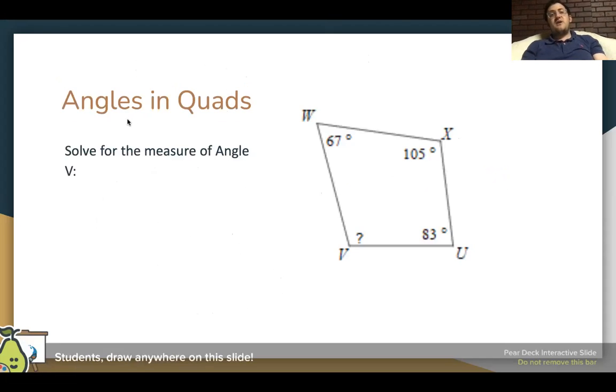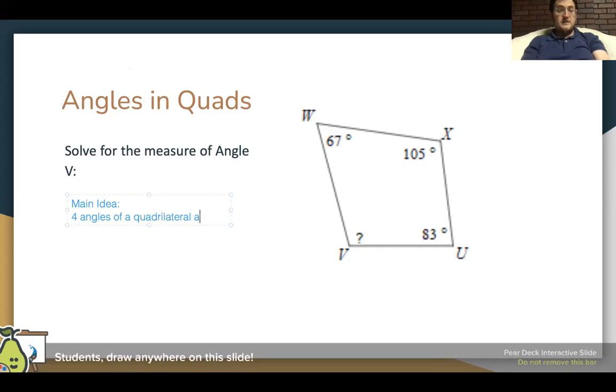All right, and then this one, your main idea for today. The 4 angles of a quadrilateral add to 360. And how we know that, we can actually just find a question mark on this one. So if I do 67 plus 105 plus 83 plus question mark, we set that equal to 360.